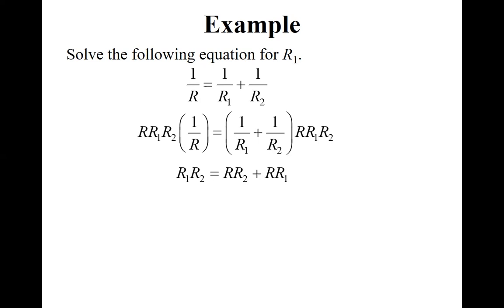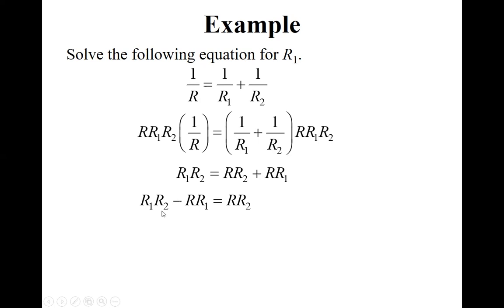Now we're solving for r₁. That means we need to get all of the terms with r₁ on one side, everything else on the other. We can accomplish that by just subtracting r₁ from both sides.